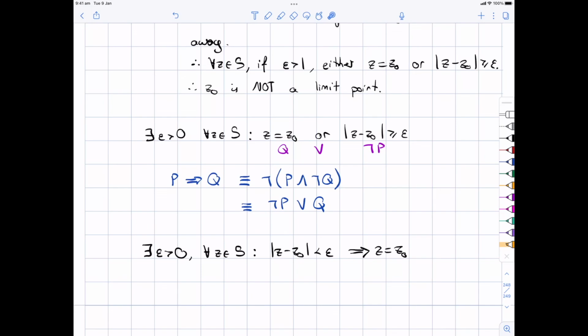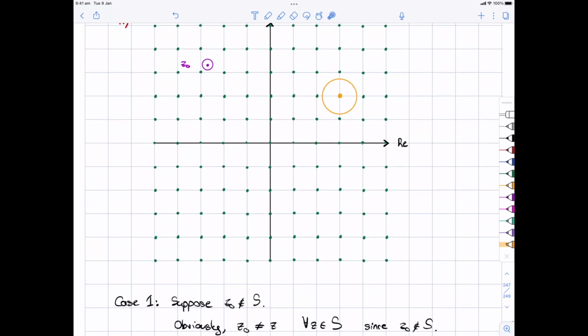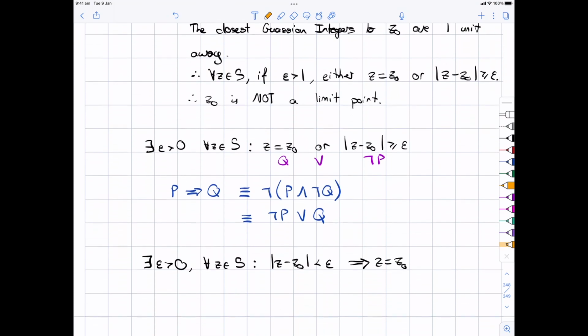That's what we're trying to show, and I think that's very obvious. If we go back up here, here's my circle. If there's a Gaussian integer within that circle, it has to be z0. And there it is, the orange point z0. I probably should have labeled that as such. So it's much easier to see if it's written in this form.